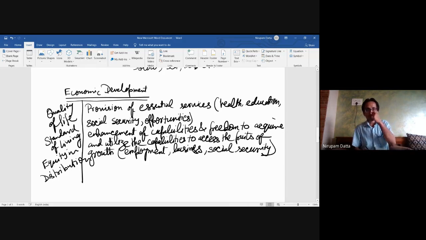So these are all aspects which are important apart from growth to usher in economic development. But remember, you can only fulfill these conditions when you have got these resources. And resources have to be in sufficient amount, and that can only happen when growth happens. So without growth, you cannot usher in economic development. Okay, so keep this thing in mind very clearly.